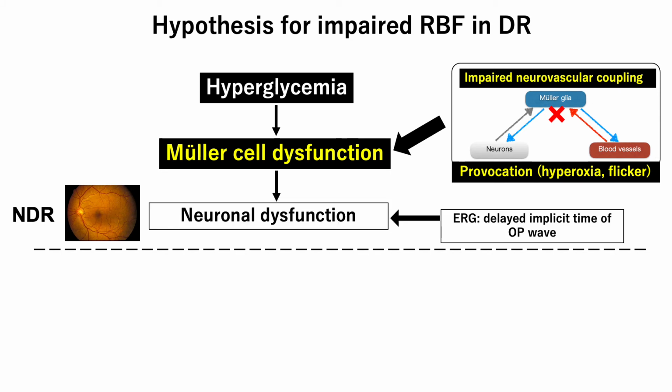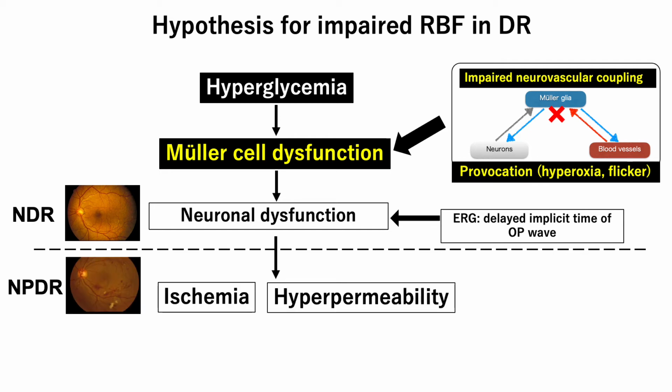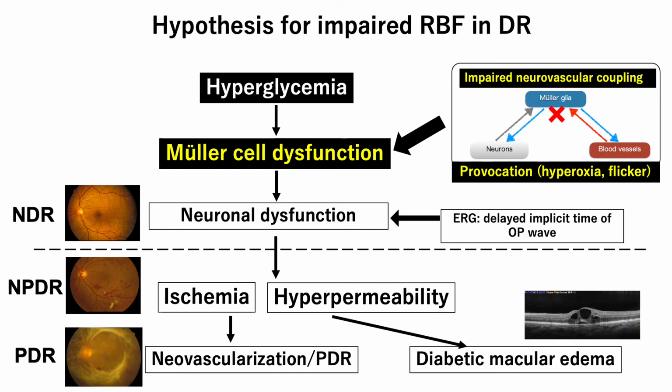It can be detected by electrophysiology as delayed implicit time of the oscillatory potential wave. If the impaired retinal function continues, diabetic retinopathy occurs and progresses to proliferative diabetic retinopathy and diabetic macular edema.